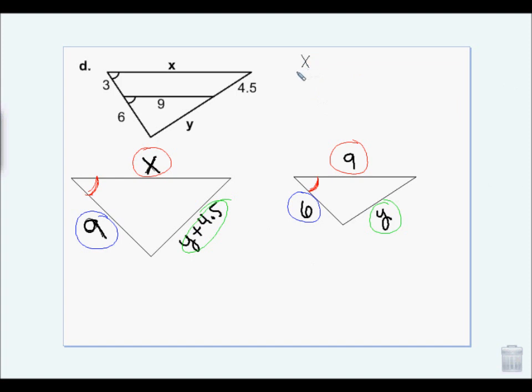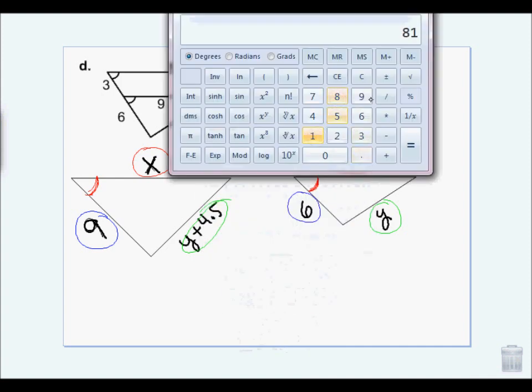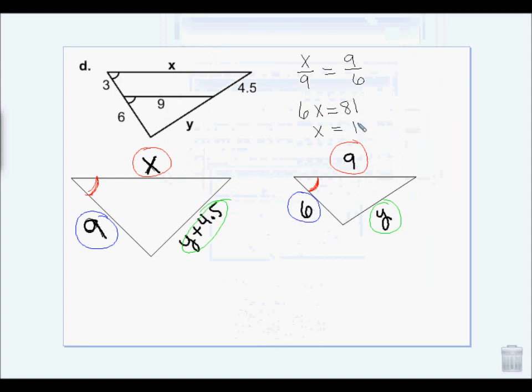Right, so X over 9 is equal to 9 over 6. So 6x is equal to 81. So x is equal to whatever 81 divided by 6 is. 13.5.